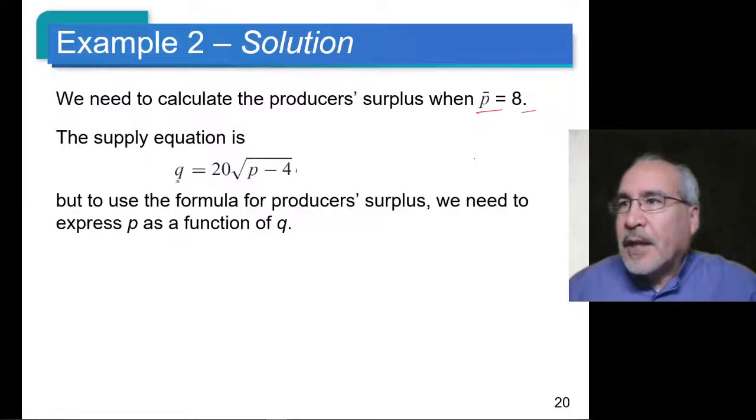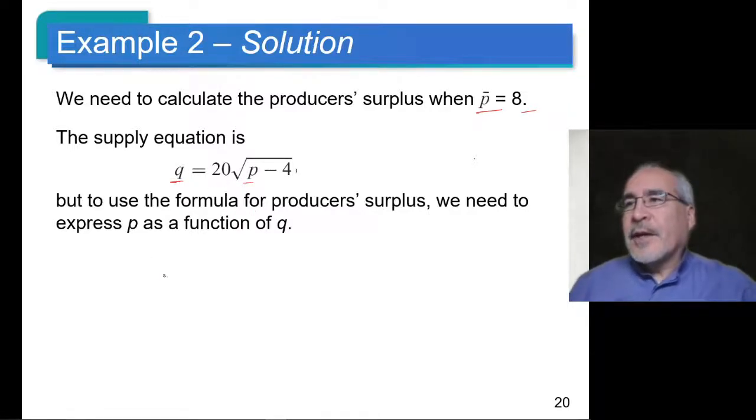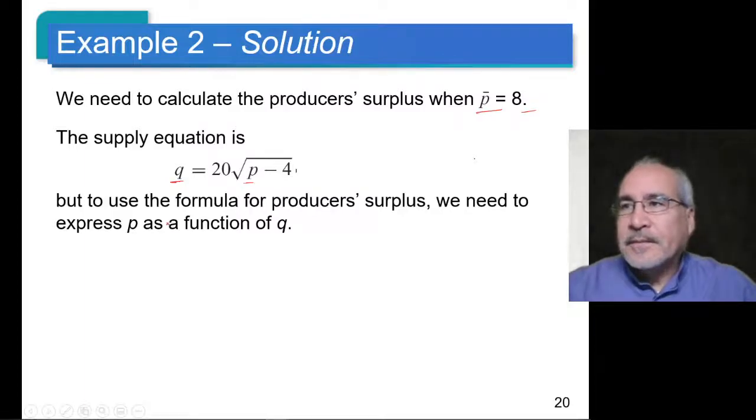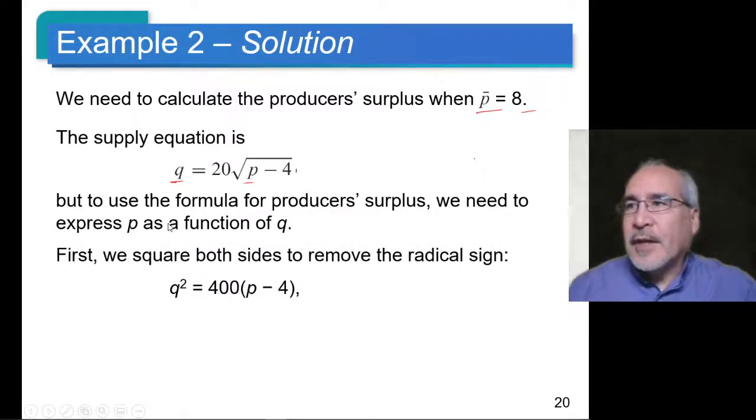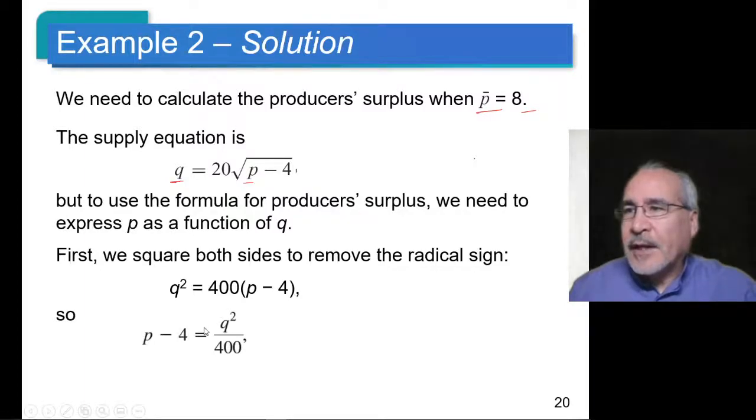But the supply equation, again, is sort of given to us backwards. We've got demand here, we've got price here. So they're going to have to go through and actually solve this equation. So they square both sides, get Q squared, and then they have to solve for P. So they divide by 400, and then they switch sides on us, right?